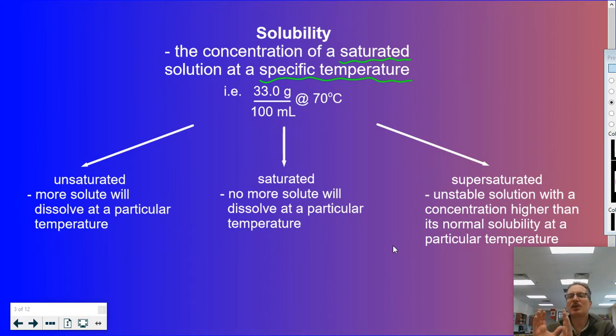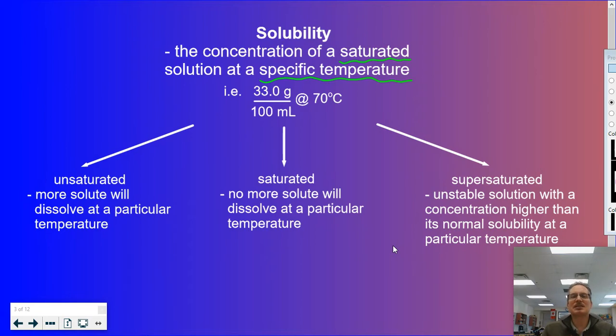Then I'm going to very slowly cool it down from 70 degrees back down to 50 degrees. What you will find is if you cool it slowly enough, that extra solute that was able to dissolve at 70 degrees will stay dissolved at 50 degrees. So I actually have more solute dissolved at 50 than should be possible because I gently cooled it.